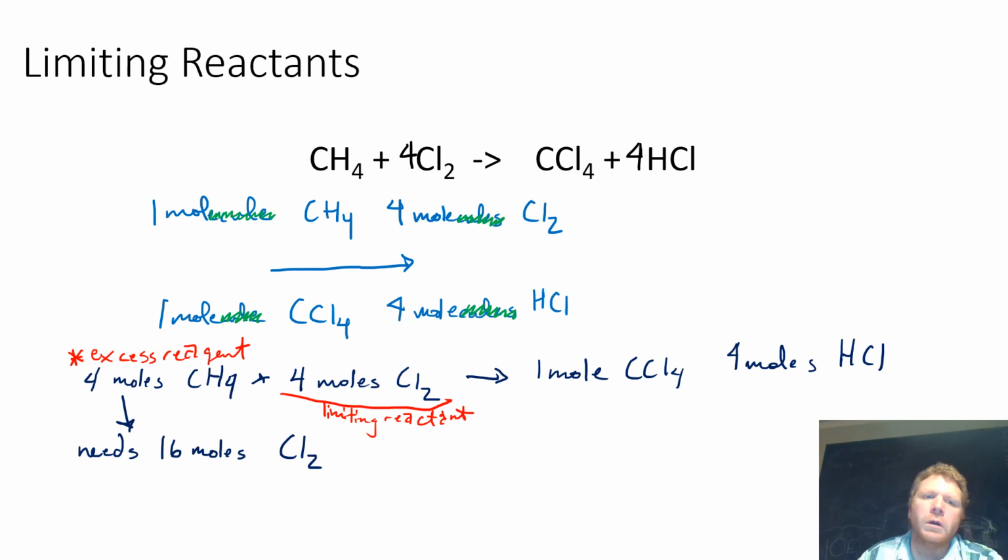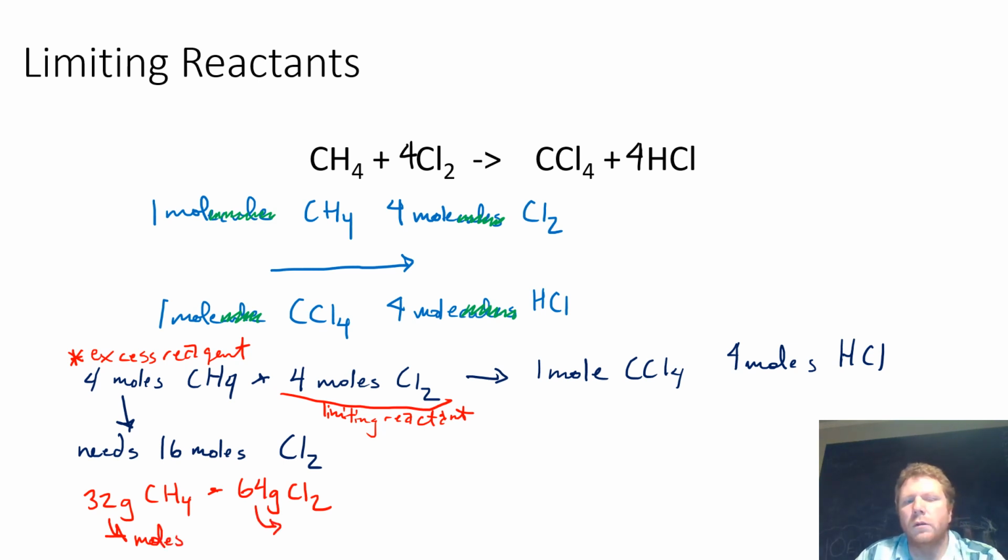Okay, now anytime that you're presented with this information, think about every chemical reaction in terms of a molar ratio. So what if you're presented with 32 grams of CH4 and 64 grams of Cl2? Well, you need to convert those masses into moles using the periodic table and therefore the molar mass.